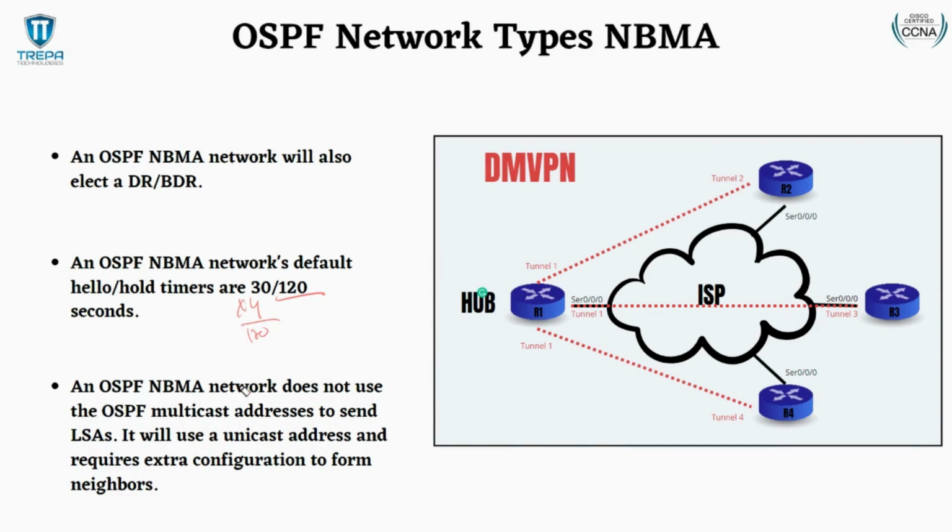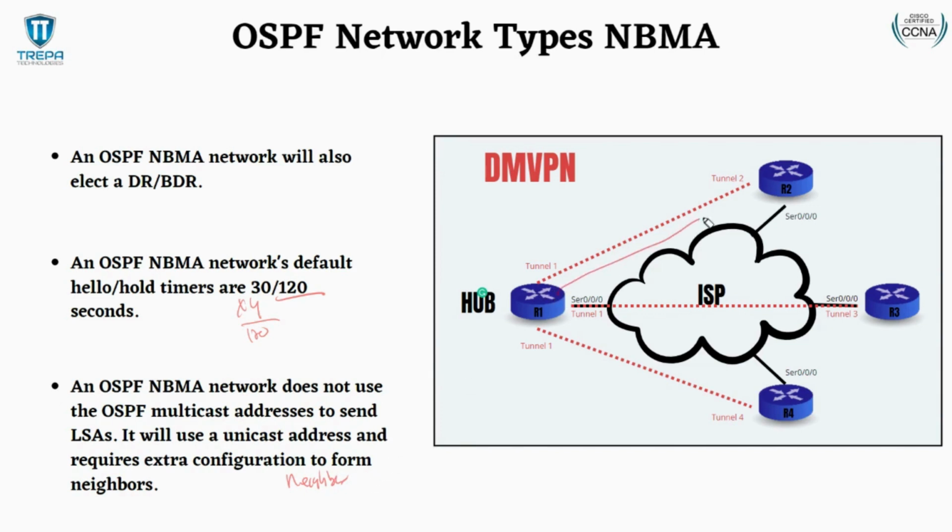And then in an OSPF NBMA network, it does not use the OSPF multicast addresses to send LSAs. It will actually use a unicast address and requires extra configuration to form neighbors. So what does that mean? That means that they're going to use this command called neighbor, and then you actually put the destination address.